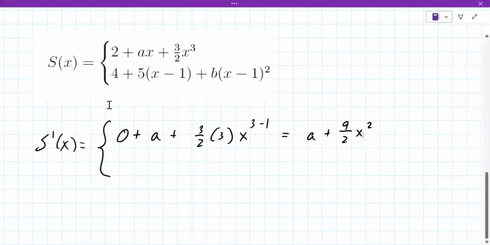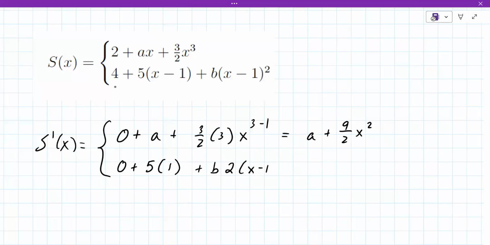The derivative of the bottom is 0 plus 5 times 1 for X plus B times 2 times X minus 1 to the power of 2 minus 1. That's your calculus. So this is 5 plus 2B times X minus 1.